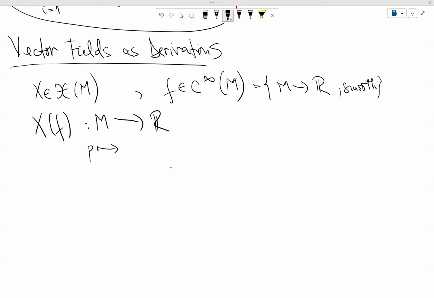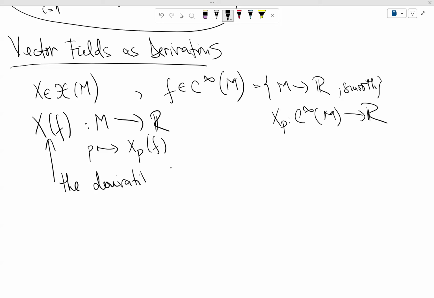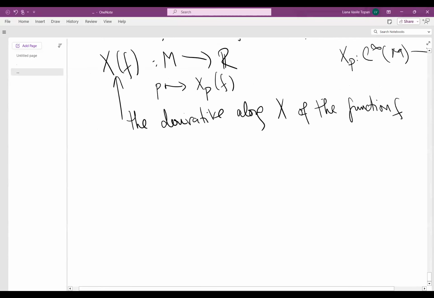The point P goes into X_p applied on f. Remember, X_p is a tangent vector, so it is defined like this. Tangent vector at P to the manifold M, and this is called the derivative along the vector field X of the smooth function f. Okay, of the smooth function f. Now, it can be checked that this is indeed smooth and everything.